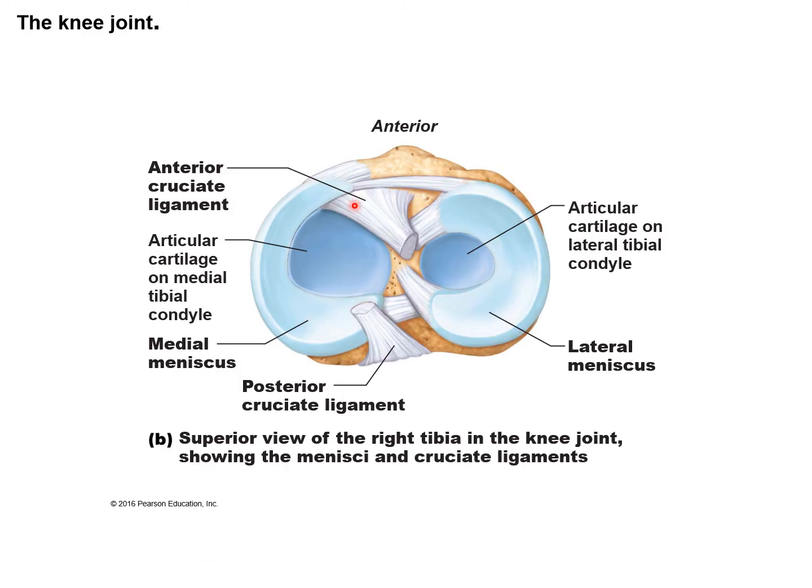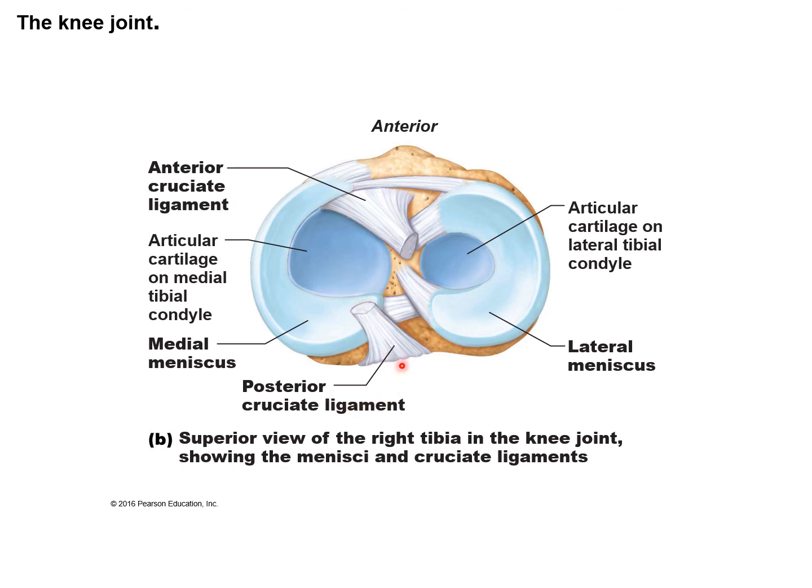All right, here we're looking at the top of the tibia. Here's the anterior, here's the posterior, and we're looking down at the top and seeing a little bit more about how the structure is. So the ACL, anterior cruciate ligament, there it is, and it's going to attach to the anterior part of the tibia and prevent forward dislocation of the tibia.